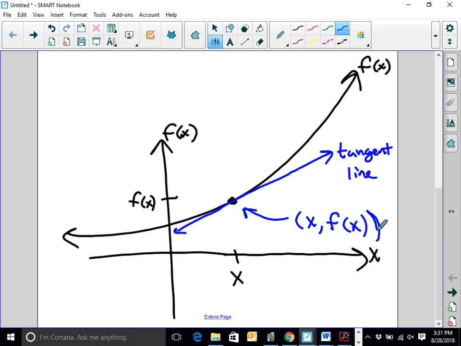Okay, so I'm going to pick another point to the right of x, right here. I'm going to choose this point a certain distance away. I'm going to call that distance h.